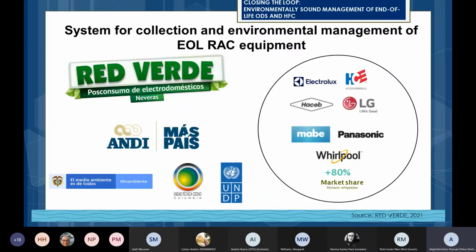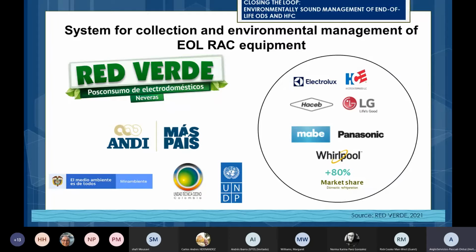One of the demonstrative projects that was financed by the multilateral fund that Rick mentioned in his presentation at the beginning, hand in hand with the United Nations Development Program and the Colombian Ministry of Environment and Sustainable Development, the Ozone Technical Unit.